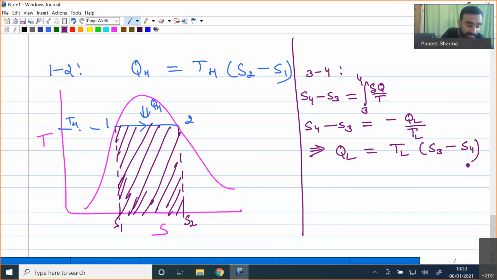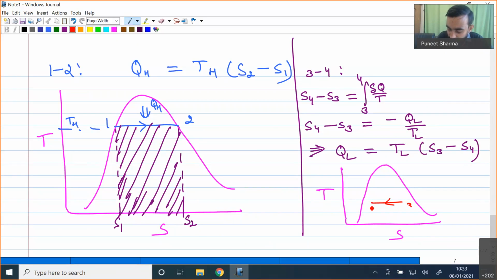Okay, so if I once again represent this process on my TS diagram, so this is my liquid vapor dome, and say this is our process number 3 to 4. I will be finding that during this process 3 to 4, this is my temperature TL. So this area under the TS diagram is actually the amount of heat which we have rejected.